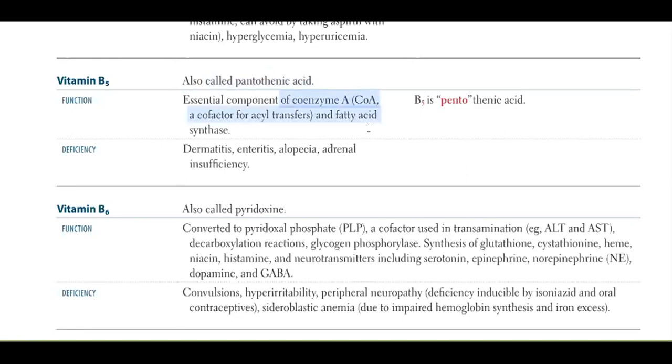Now, in my previous lectures, I have been repeatedly telling you what a coenzyme is. There is a main enzyme that converts the substrate into a product. Now, where's my pen? Okay, are we recording our lecture?